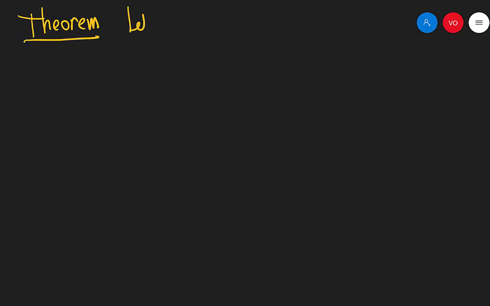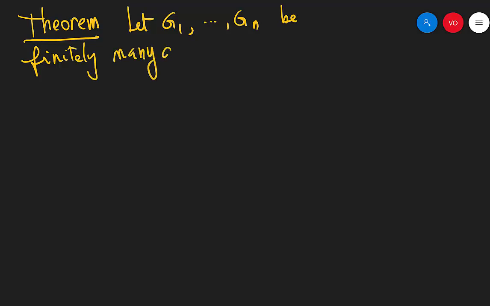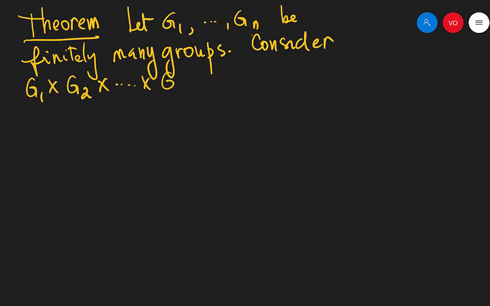Alright, so let's suppose that G1 and so on all the way till Gn are finitely many groups, and let's consider the Cartesian product G1 cross G2 all the way till Gn.